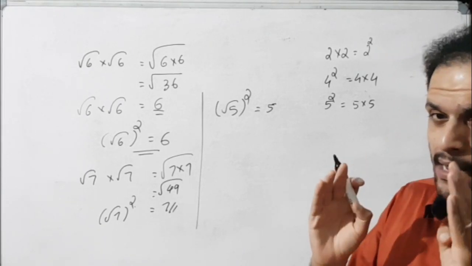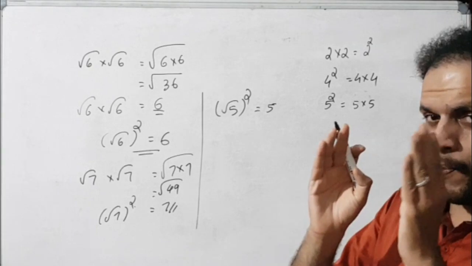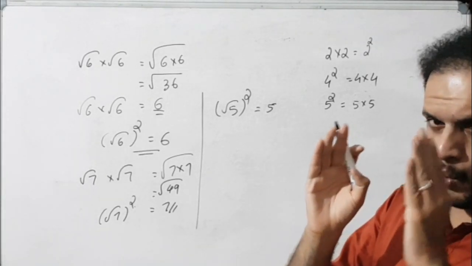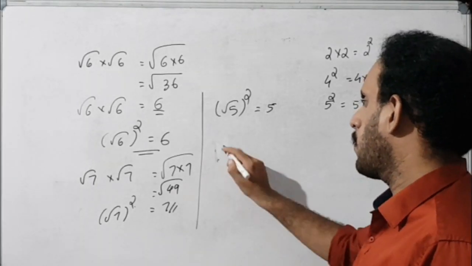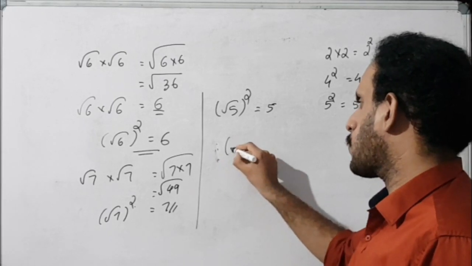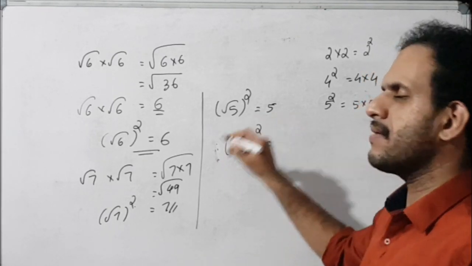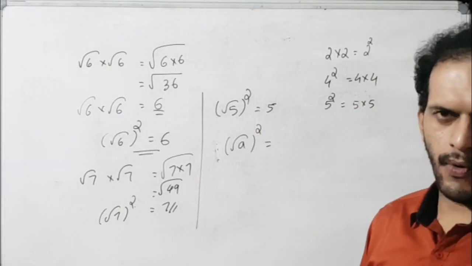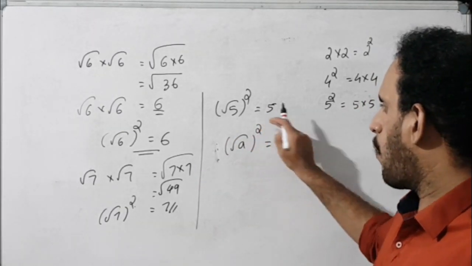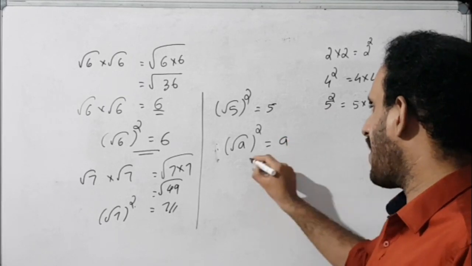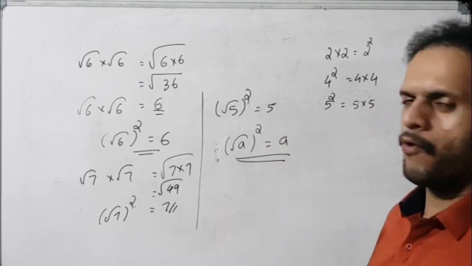So we are learning a new idea, a new property, a new rule. What is that? Therefore, root a whole square is equal to a. Don't forget this idea.